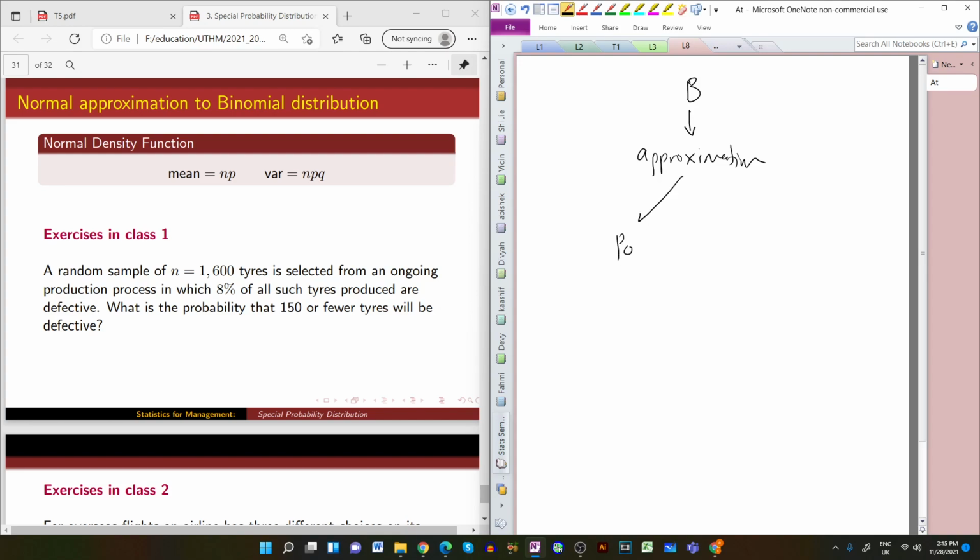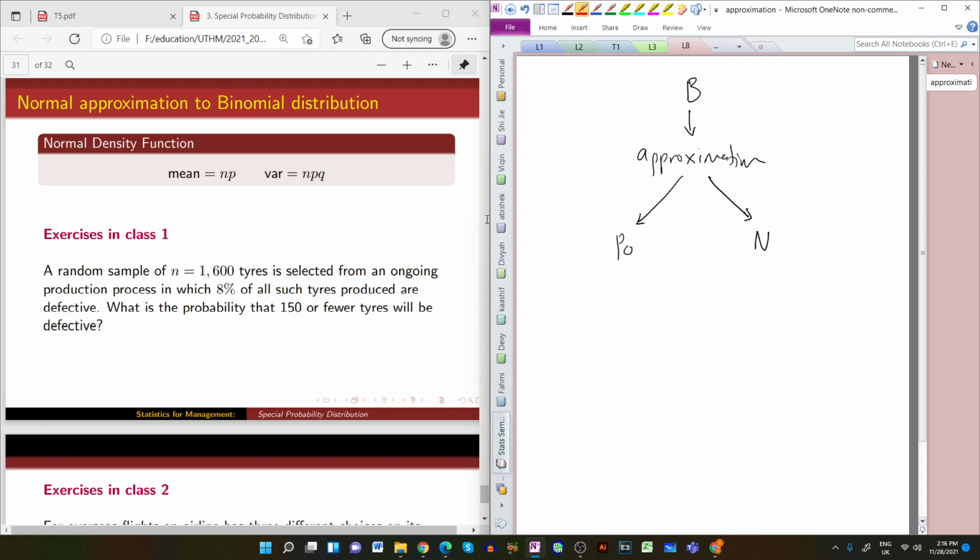Here what we're going to do now is binomial can also be determined by approximation with normal. Okay, normal also we can do.